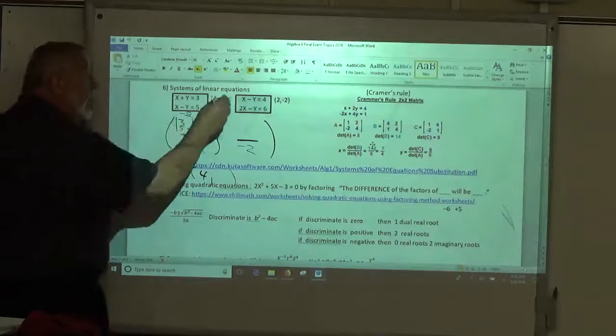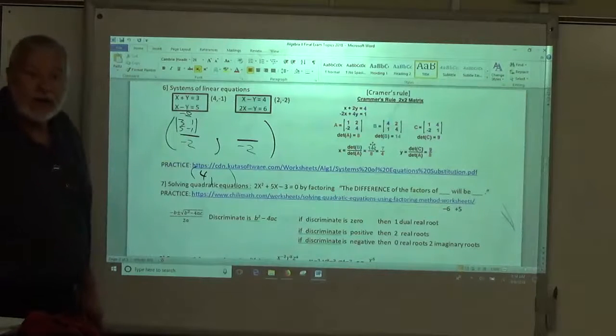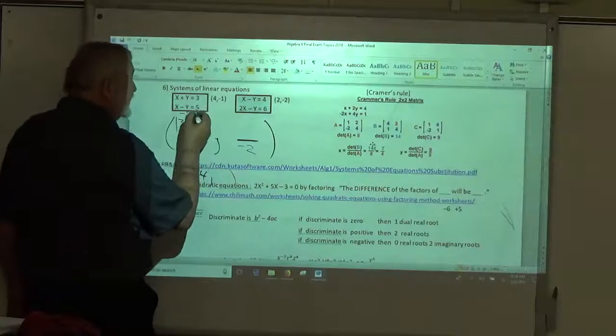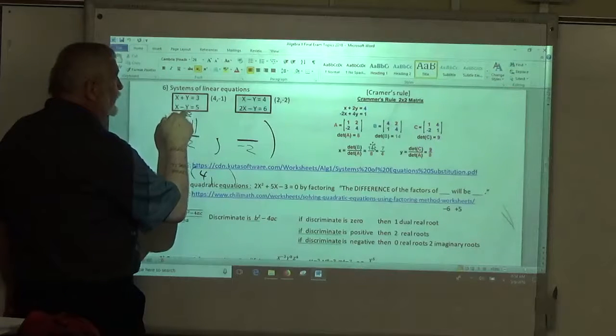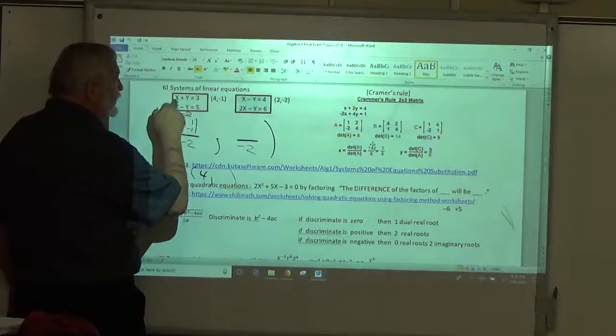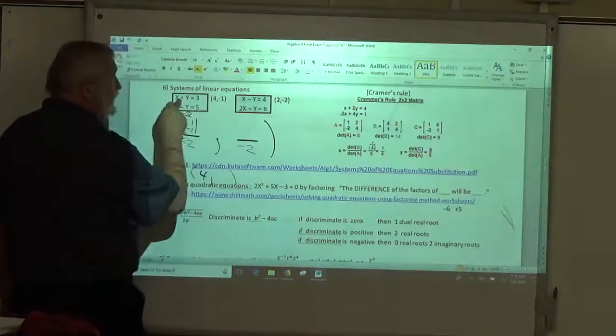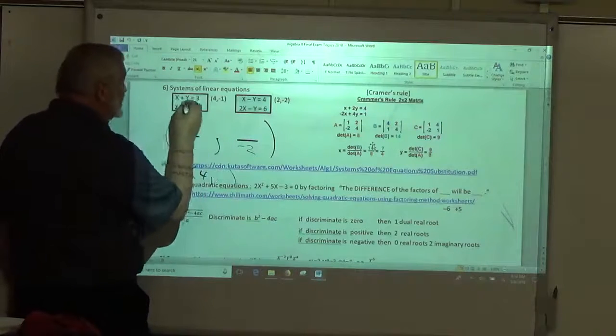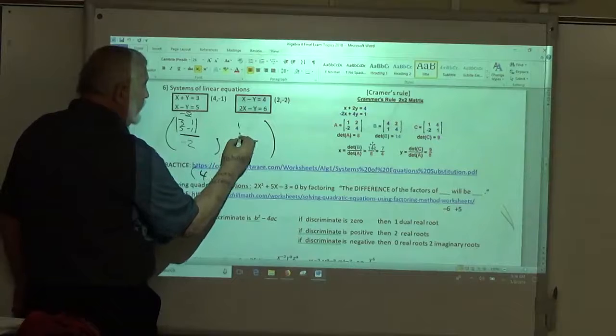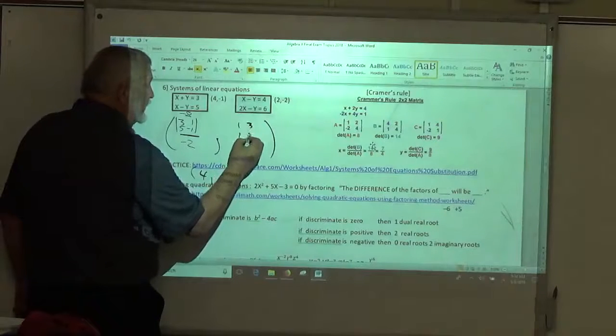Now, for the y value, we replace. Were we doing this one? Okay, we're doing this one, right? Yeah. We replace this is 1 and 1, and now this is 3 and 5.